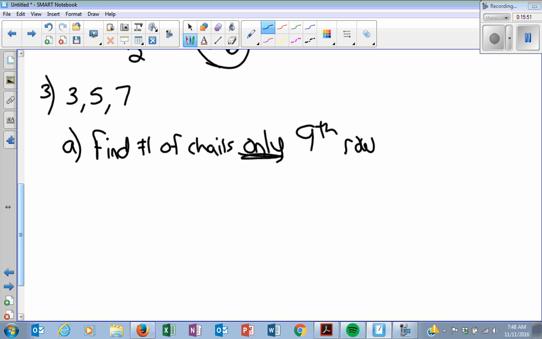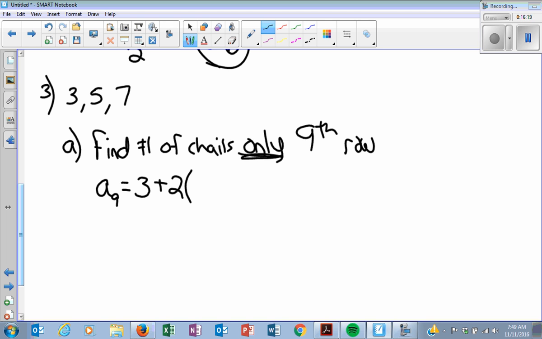yes? Then what formula am I using? I'm using the explicit because I'm just trying to find the 9th term in this sequence. Does that make sense? So I'm going a sub 9 equals the first term, which is 3, plus, what's the common difference? 2.